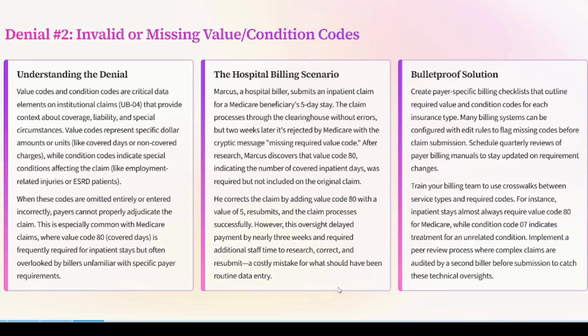Train your billing team to use crosswalks between service types and required codes. For instance, inpatient stays almost always require a value code 80 for Medicare, while condition code 07 indicates treatment for an unrelated condition. Implement a peer review process where complex claims are audited by a second biller before submission to catch these technical oversights. And what I just said is a perfect solution for this issue.